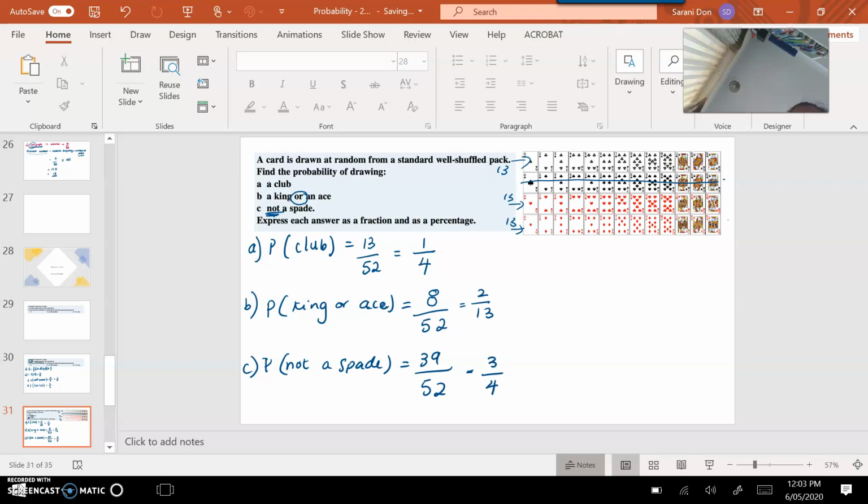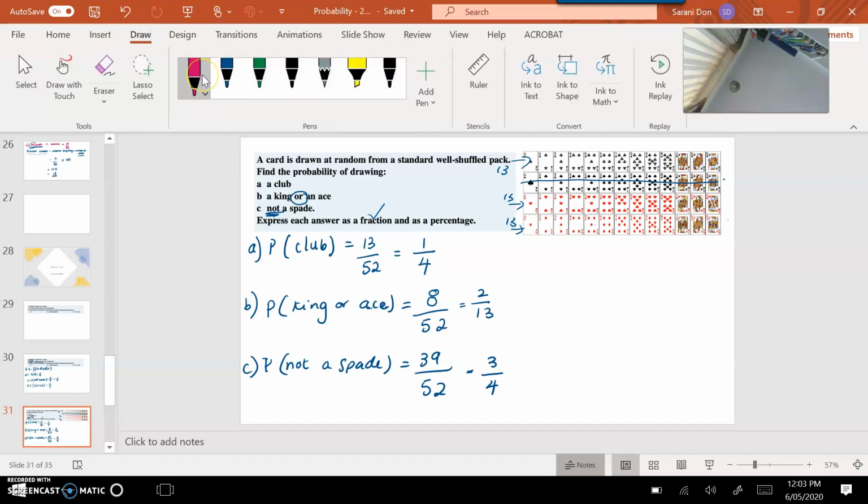This question also says express each answer as a fraction and as a percentage. So we've done that. We've expressed it as a fraction. And if you guys remember, in order to express a fraction as a percentage, you just multiply each one by 100 because percentage is out of 100. So you can use your calculator to do this, that's totally fine.